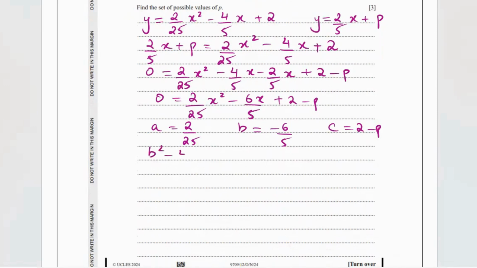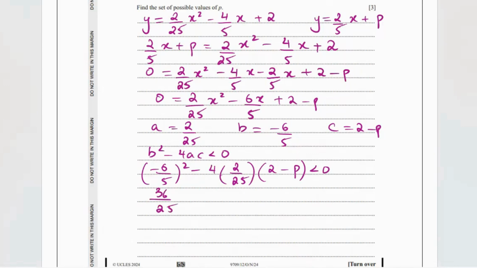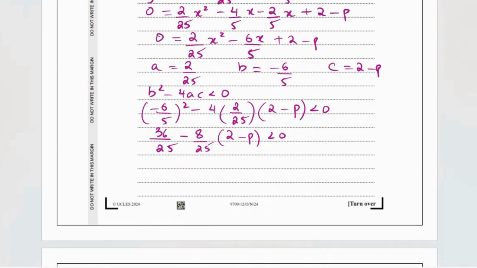b squared minus 4ac is less than 0. So negative 6 over 5 squared minus 4 times 2 over 25 times 2 minus b is less than 0. So that's 36 over 25 minus 8 over 25 times 2 minus b. Let's write it as a single fraction.